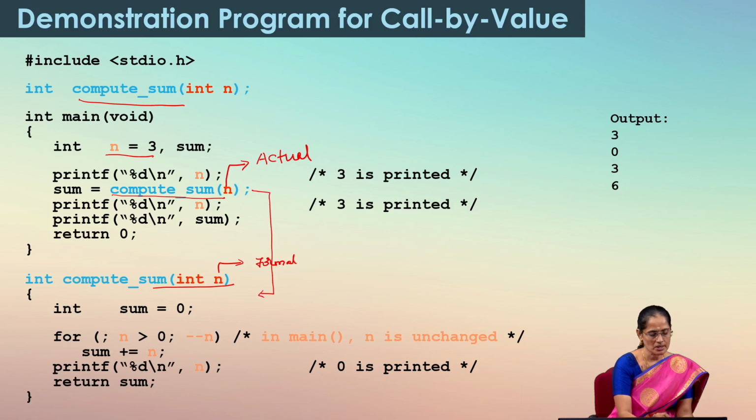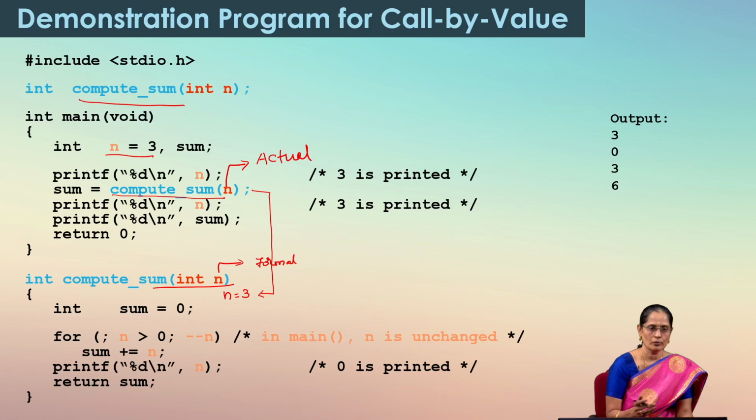Here the n variable, the formal parameter, receives the value of the actual parameter, which is 3. So, the value of the actual parameter is copied onto the formal parameter. Now, we are running a loop 3 times, and sum plus equal to n means that we are adding the values of 3 numbers 1, 2 and 3.